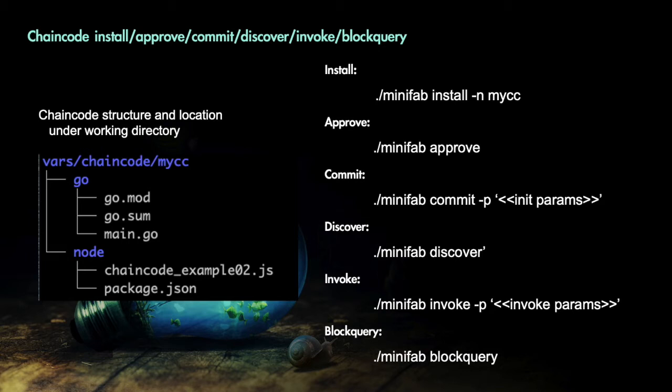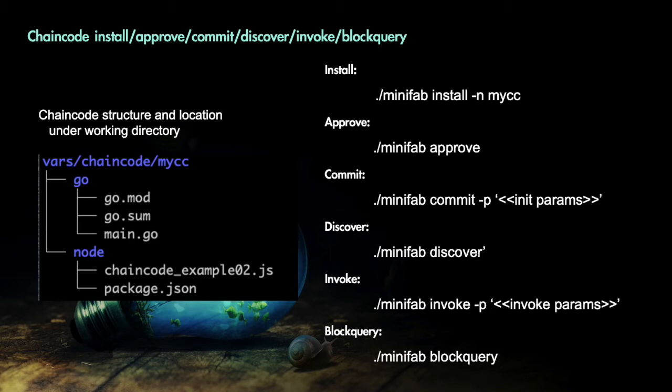This is to allow normally one admin from each organization participating in the channel to approve the chaincode. Be aware that the approve process is new in Fabric 2.0. If you are using older releases, when you run the approve command, Minifabric will do nothing.